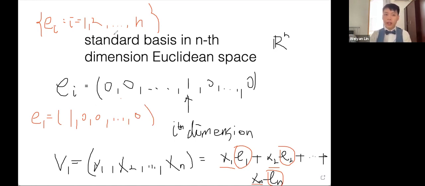So the advantage of using the standard basis is that you have a general representation, right? You use a set of vectors to represent all vectors in the space Rn. As you can see, every vector is a sum of multiples of these vectors in Rn.